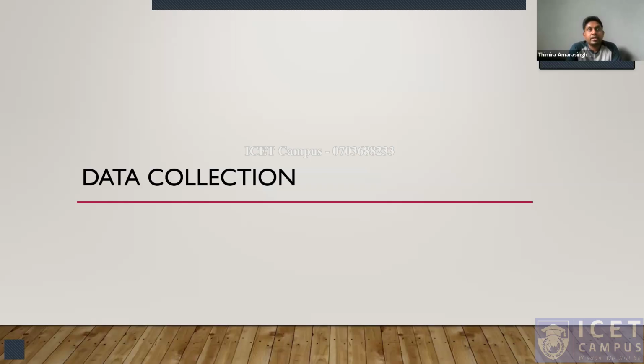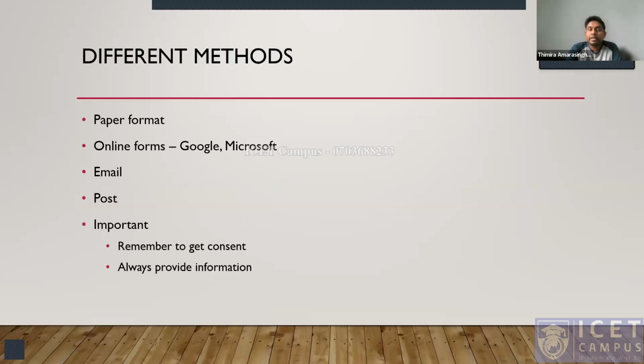I told you earlier regarding the ethical considerations. Now we have to think about ethical considerations before going through the data collection process. Once you get the ethical clearance, now we can go into the data collection steps. What are the different approaches we can use for data collection?